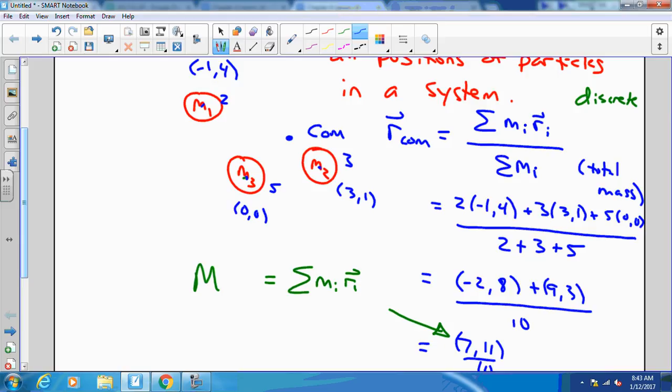Okay, so this raises an important question, which is, what if I had chosen a different origin? Well, let's do that numerically real fast, and then we're going to do a fun proof. Let's rework this problem, but now we are going to choose this point to be our origin. If we choose this point to be our origin, then relative to the original origin right here, the displacement vector for the original origin is <1, -4>.